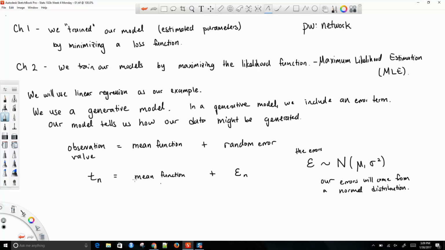Just from some exponential family, right? Okay, and so for linear regression, our mean function is w sub 0 plus w1 x sub n, and then we'll leave this random error. This will still come down plus e sub n.